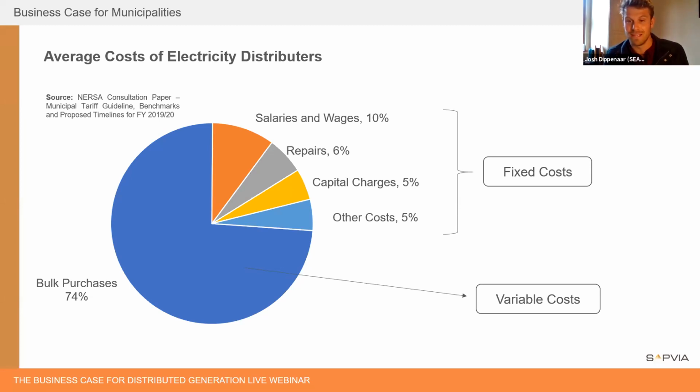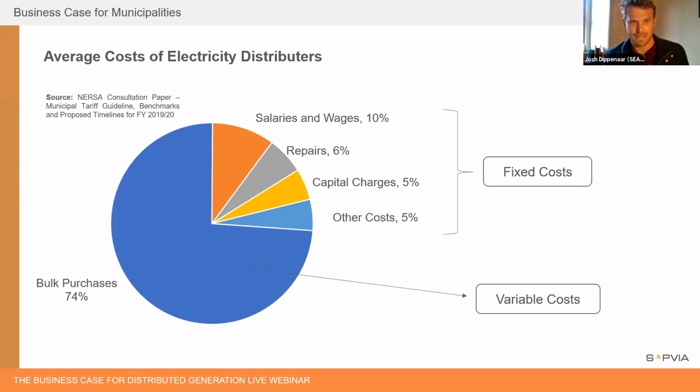Yes, of course, there are questions around the efficiency and prudency of municipal expenses, but I think that's separate to this discussion. The point is that even a brilliant, efficient municipality has fixed costs that do need to be recovered when customers install solar. And so an unbundled, cost-reflective tariff has some element of a fixed charge.